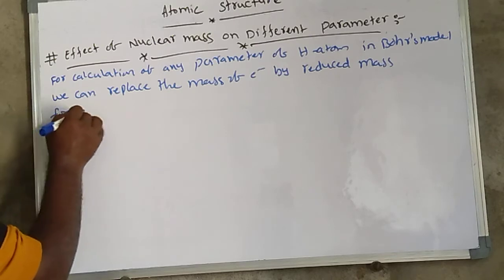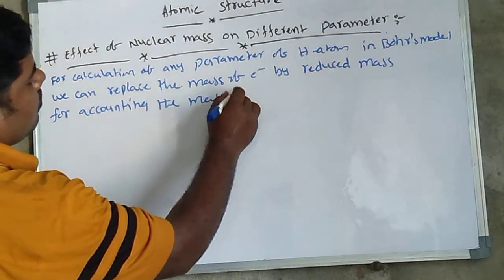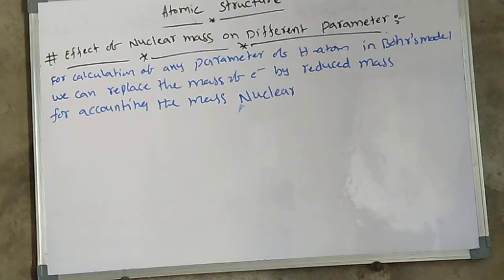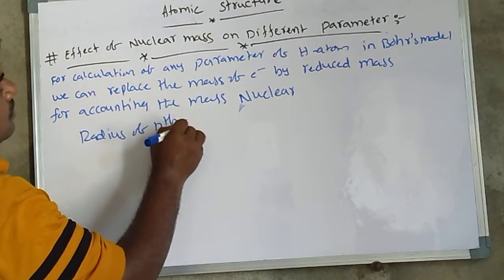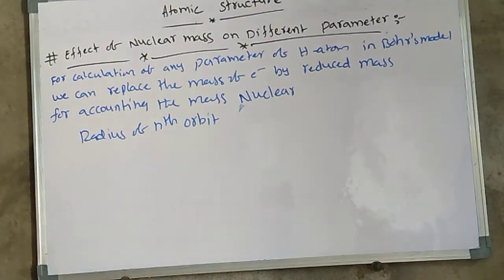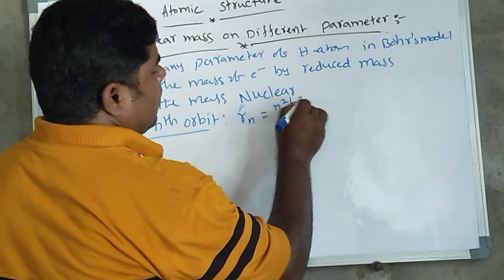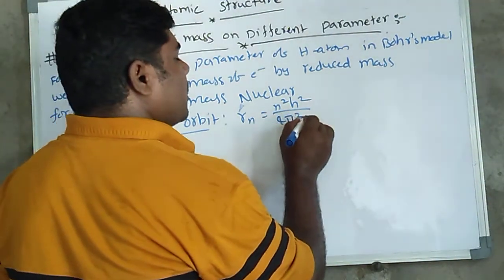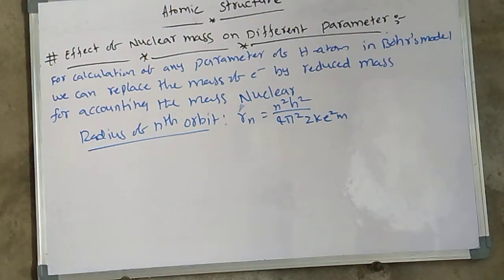Reduced mass, radius of nth orbit. So here the Rn is equal to, we know this one, n square h square divided by 4 pi square Z k e square into m.